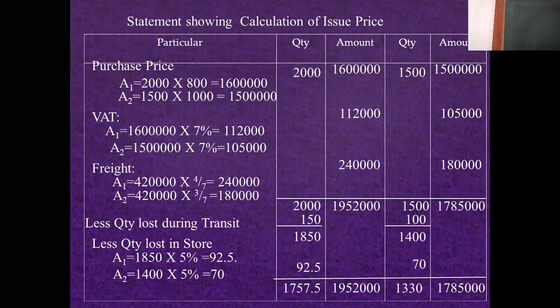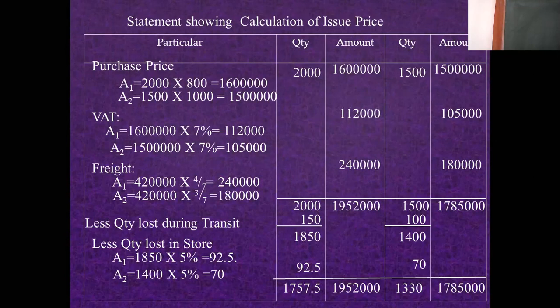Okay, this is the details of the material purchase. You see here, material purchase price, VAT is the expense incurred, freight is also expense incurred, this is the total. Then whatever quantity loss we deducted from the first and second, next quantity available. This quantity is called as normal quantity.